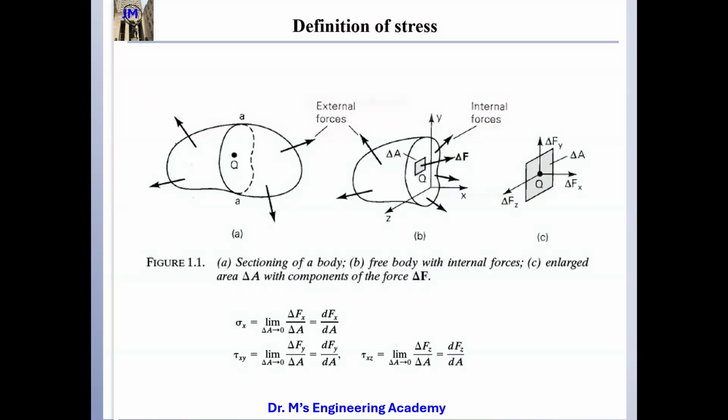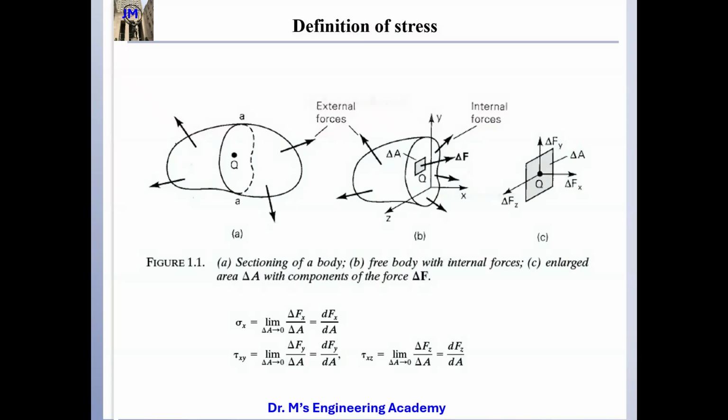That means I want this body to be in a state of equilibrium. To get this, we can zoom in and just focus on here. We re-establish a new XYZ coordinate system.